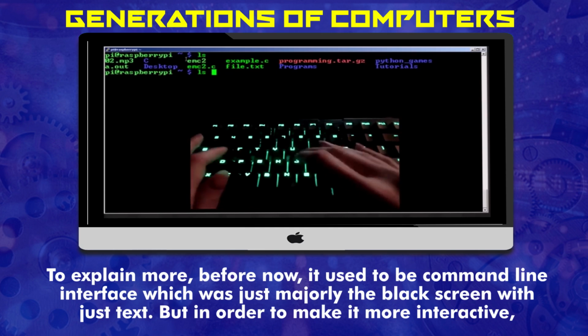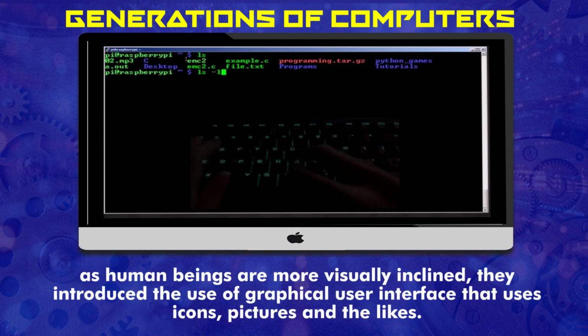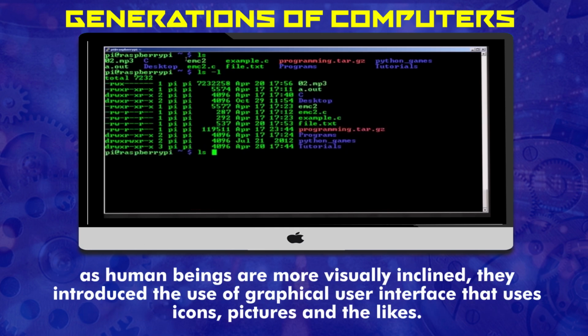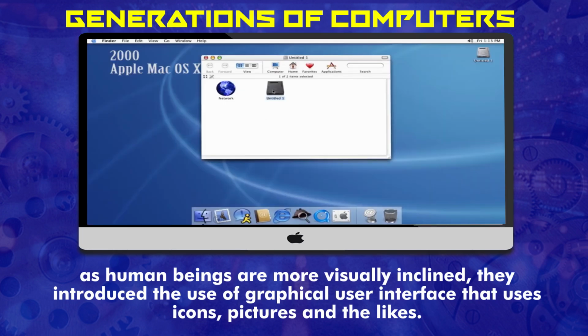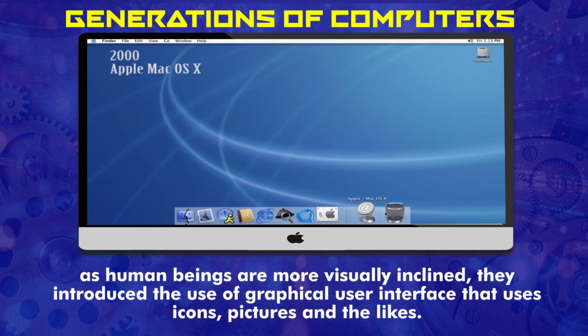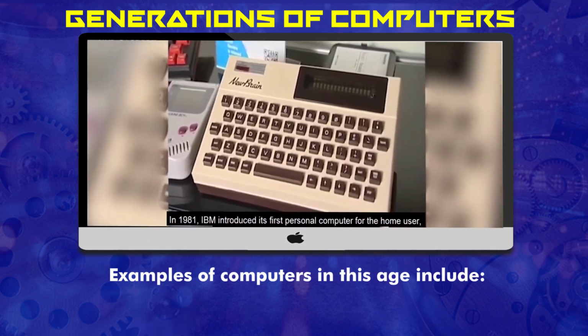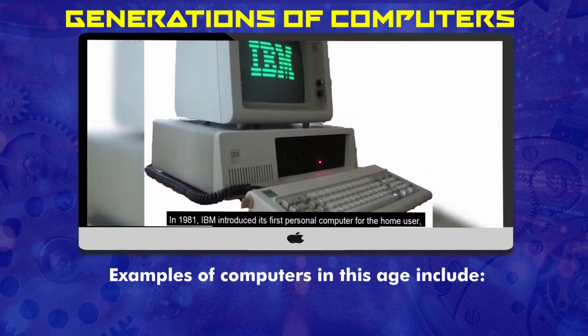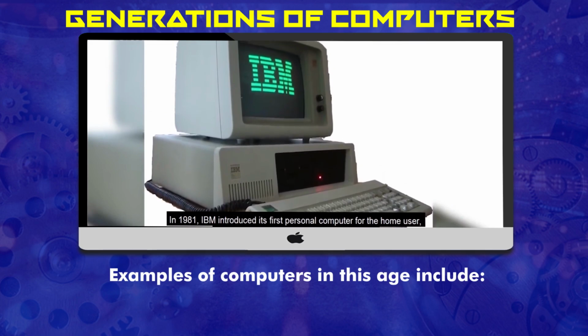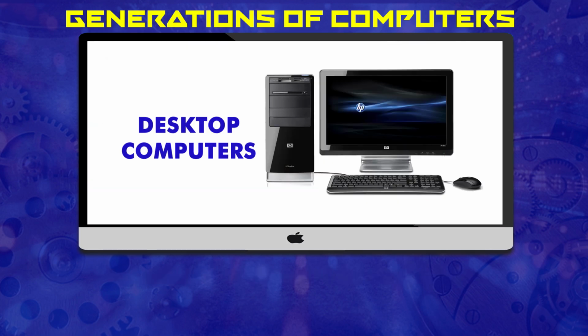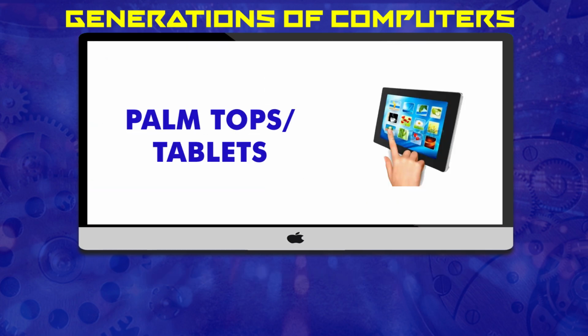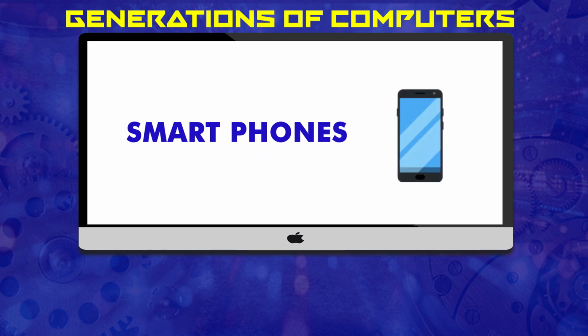But in order to make it more interactive, as human beings are more visually inclined, they introduced the use of graphical user interface that uses icons, pictures, and the likes. Examples of computers in this age include desktop computers, laptops, palmtops, even smartphones.